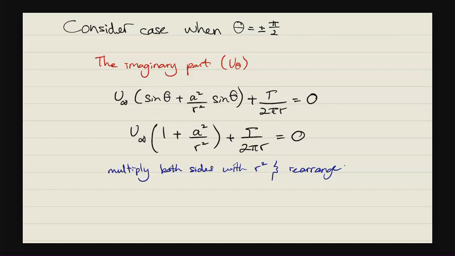I want to have it as a quadratic equation, so I can write r squared plus gamma r over 2 pi u infinity plus a squared equals 0.